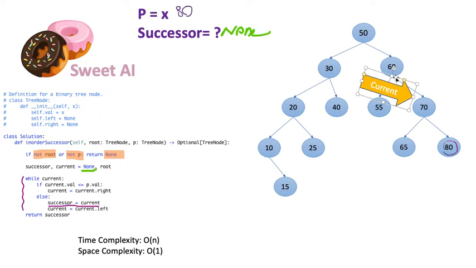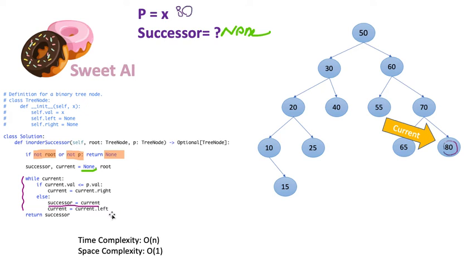So we move the current pointer to the right side of 70, because we know at the right side of 70 the number is bigger than 70, and there is a chance that number is bigger than or equal to 80. So now, is 80 equal to or smaller than 80? Yes, 80 is equal to 80.